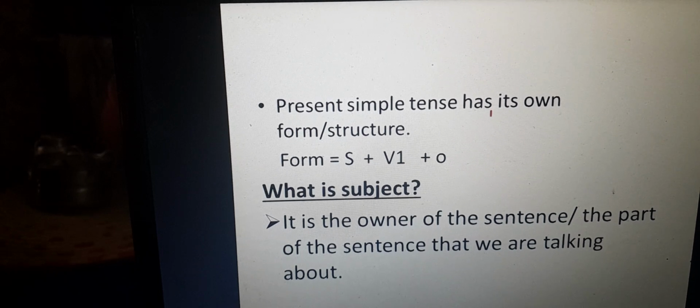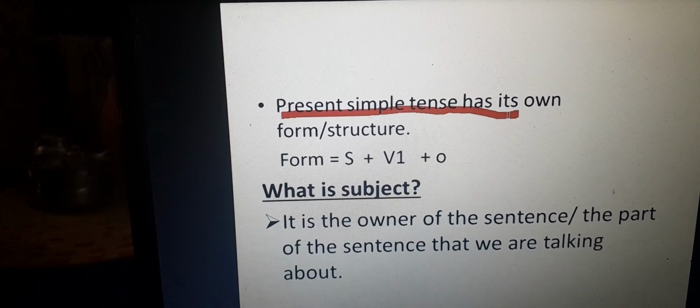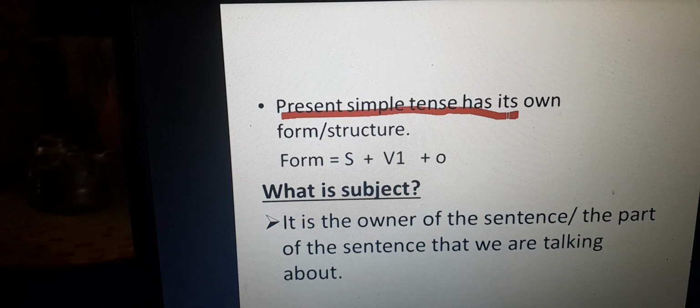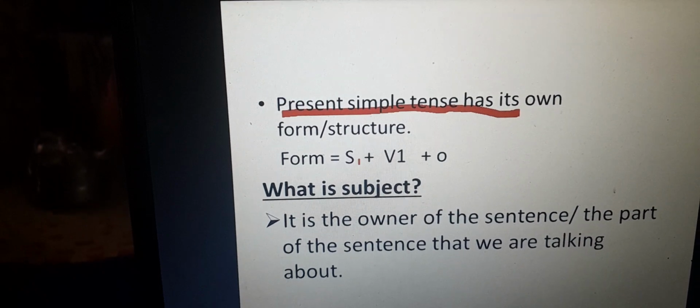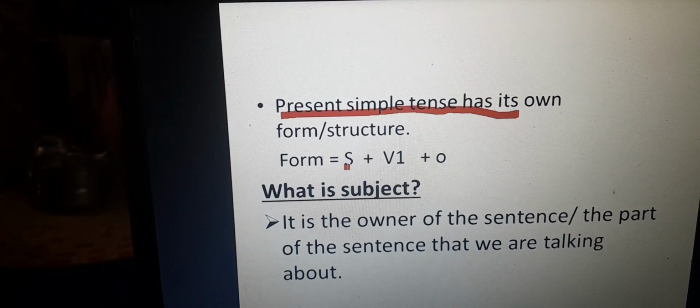And present simple tense, or simple present tense, has its own form or structure. So the form for simple present tense is subject plus verb 1 plus object.